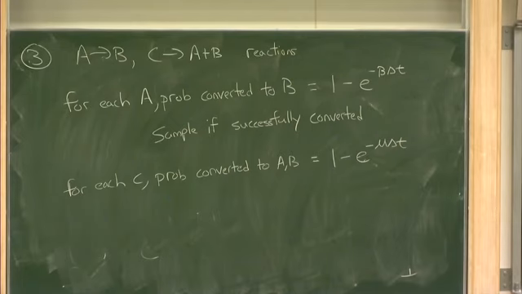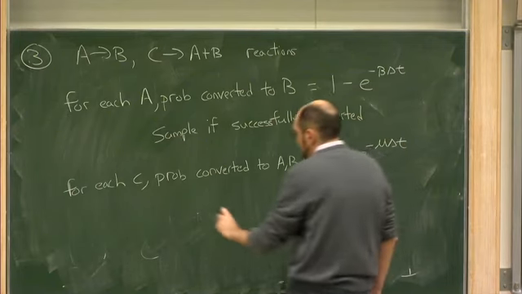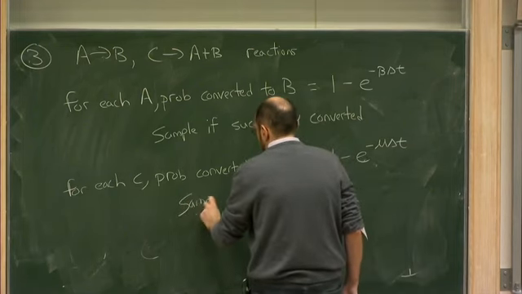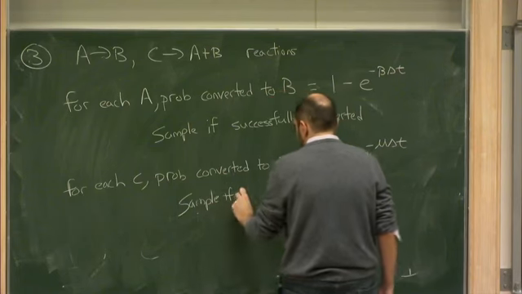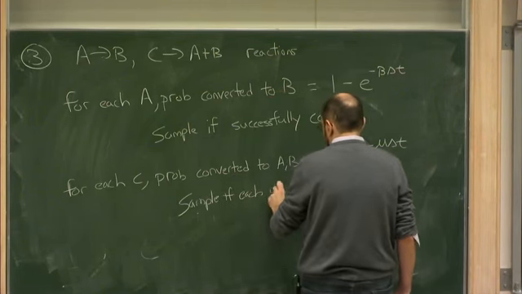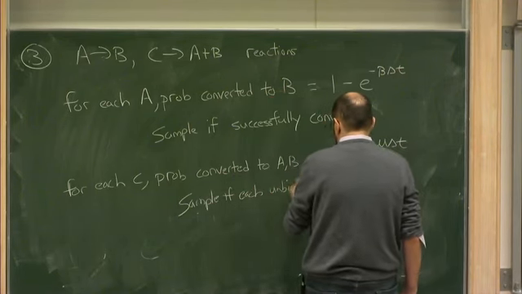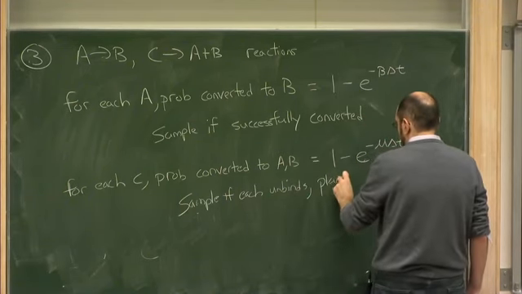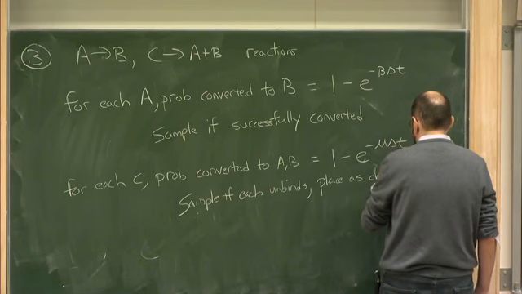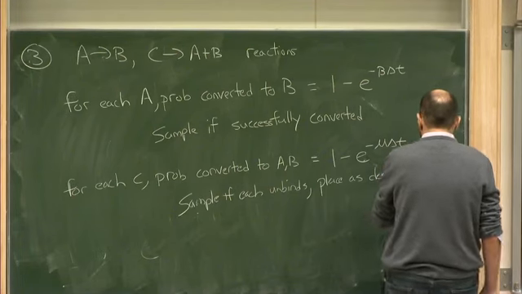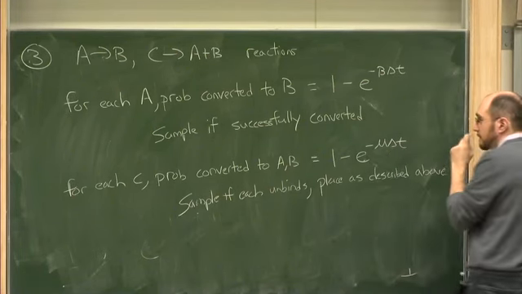And so again, you can sample if an unbinding event occurred for each one, and then you place them like we described above. So you sample if each one unbinds, and you place as described above. Okay?